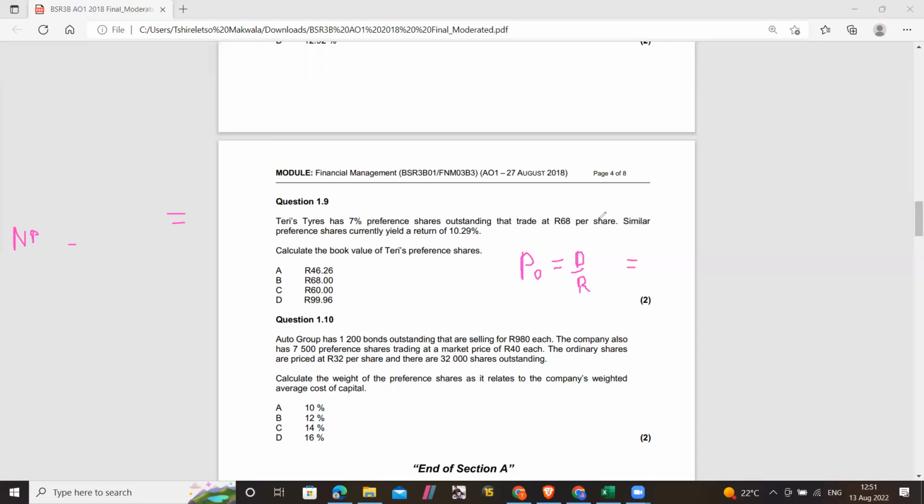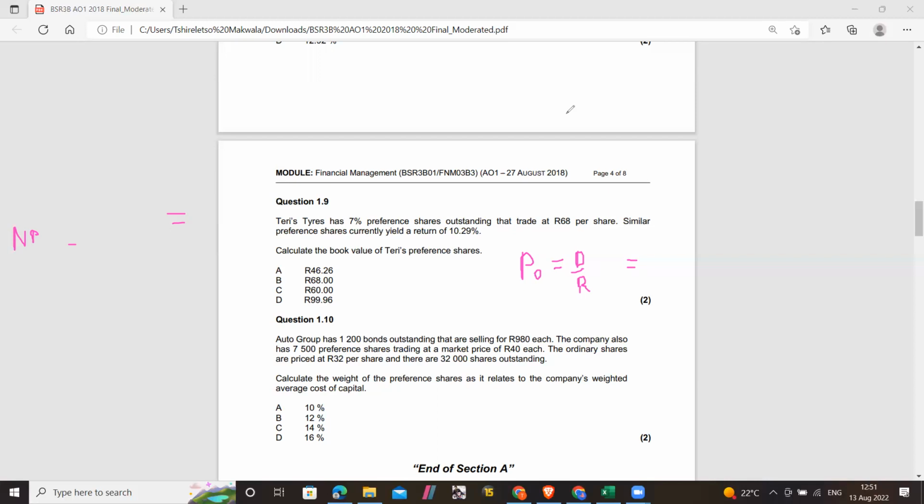So we can start by determining this dividend. So we can start by firstly taking the 68, this 68 multiplied by 10.29%, then you get 6.9972.